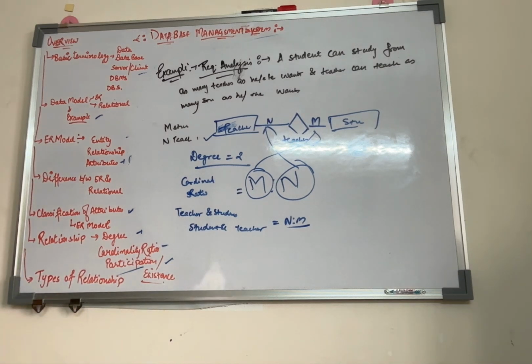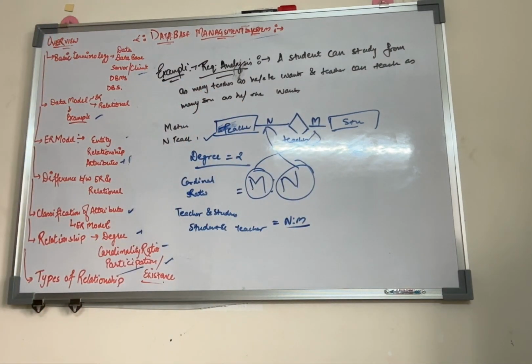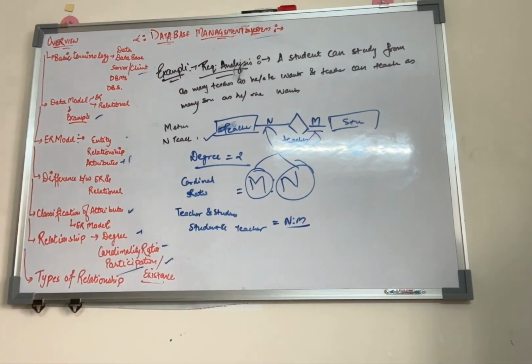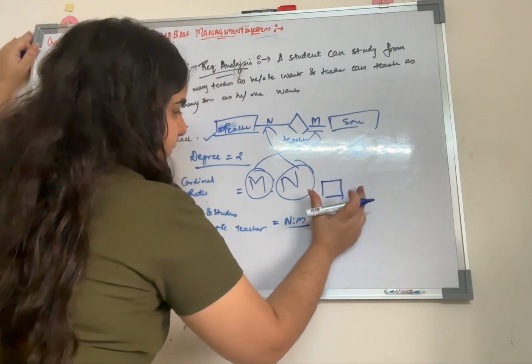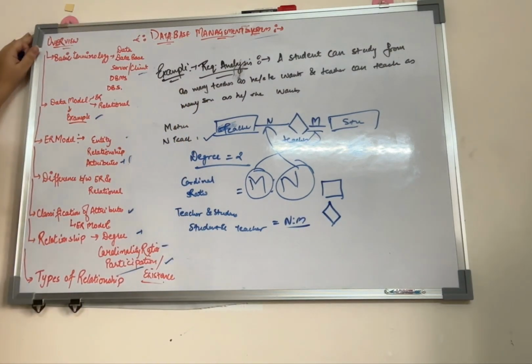Ideally, it should have partial participation from both sides, because there is no one-to-many or one-to-one relation in this case. So it's highly likely that the participation will be partial only. It can be total participation from one side or both sides, but it's highly likely that partial participation will be there.